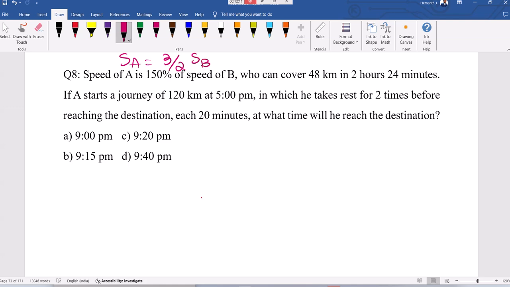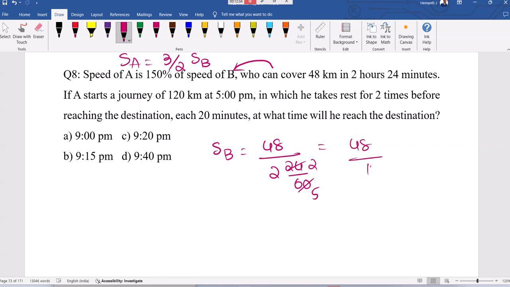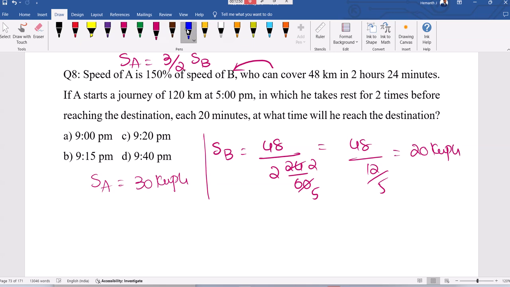Here who is related to B. When there is the word who, it's related to B. Speed of B: distance 48 kilometers, timing 2 hours 24 minutes, which you need to convert into hours, 12 by 5. 48 into 5 by 12, that is 20 kilometer per hour is the speed of B. When B's speed is 20 kilometer per hour, A's speed is 30 kilometer per hour, 3 by 2 times of that.